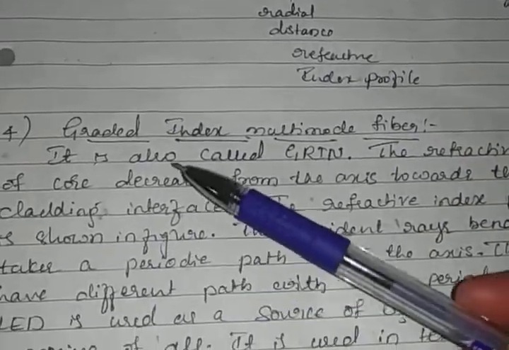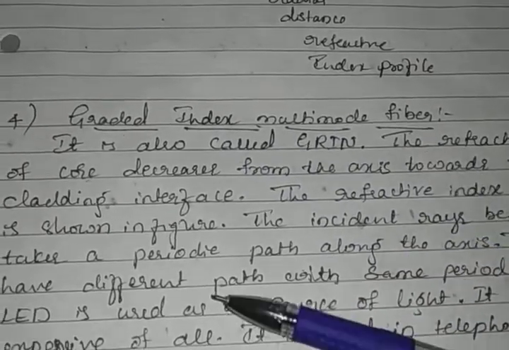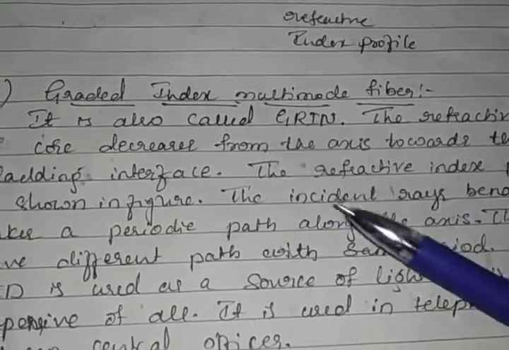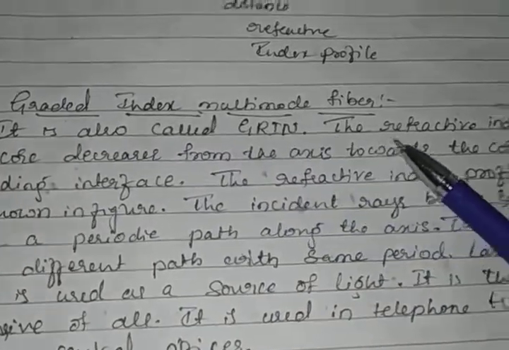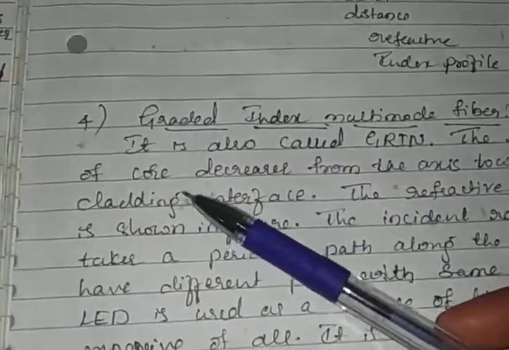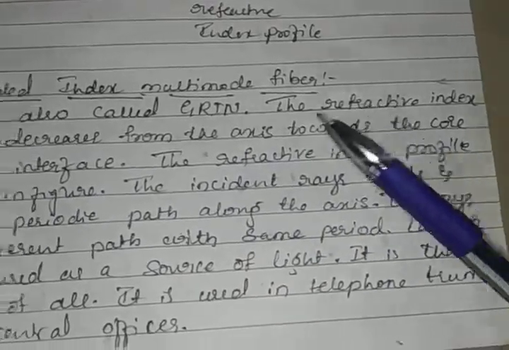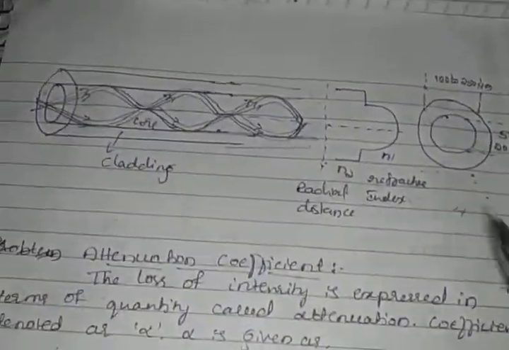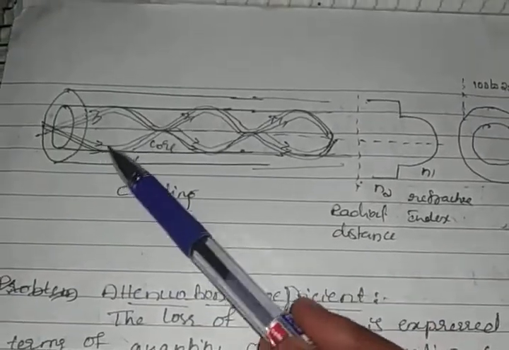Next is graded index multimode fiber. This is different from the other single mode and multimode fibers. It is also called graded. The refractive index of core decreases from the axis towards the core-cladding interface. Here this is the graded index multimode fiber diagram.